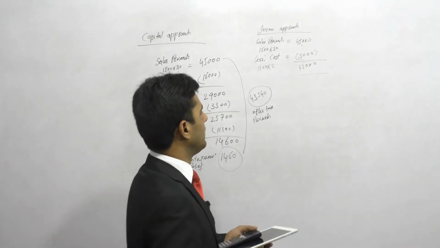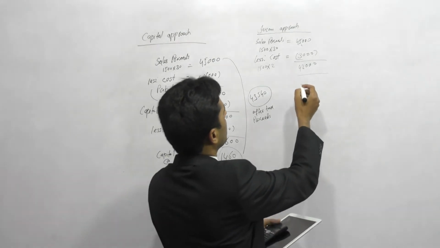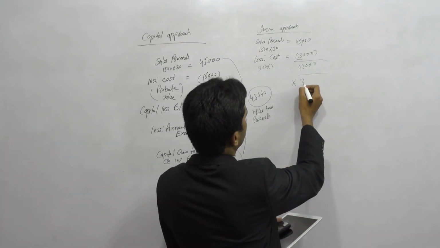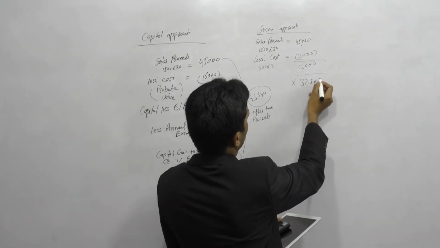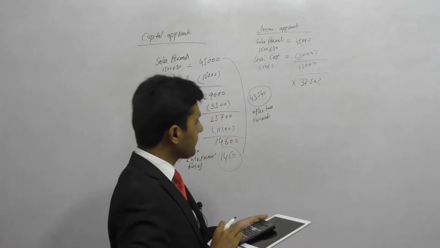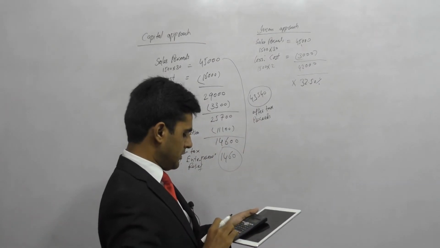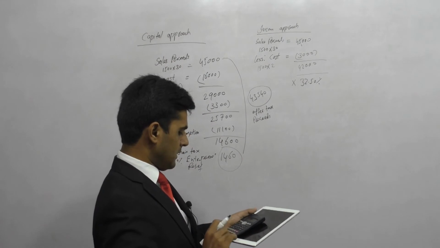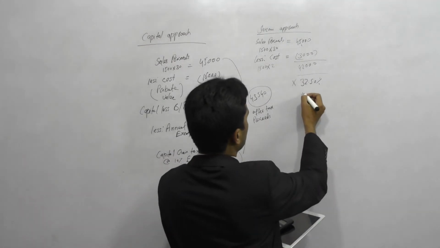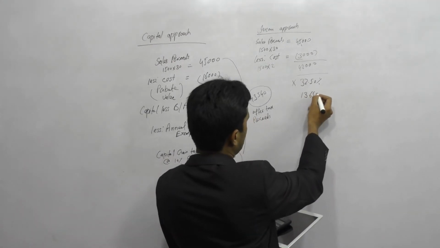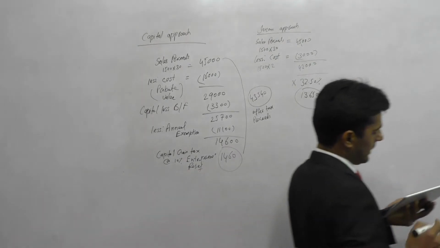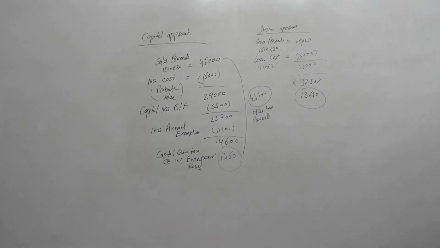So she has already used the dividend nil rate band, so this amount is going to be taxed at the rate of 32.5%, and whatever the tax amount is, so £42,000 multiplied by 32.5%, that's 13,650. So that is the amount of tax on the dividends under the income approach.